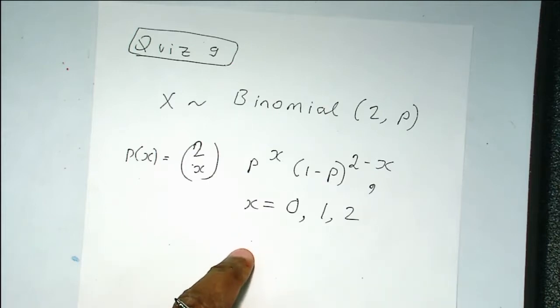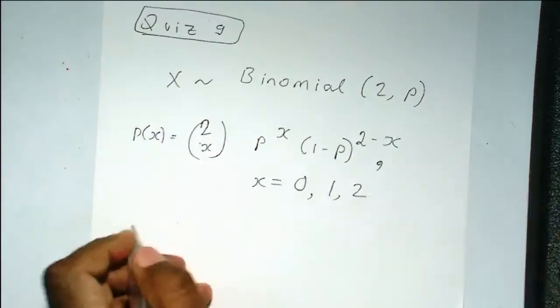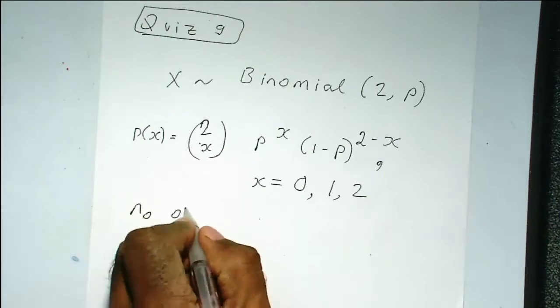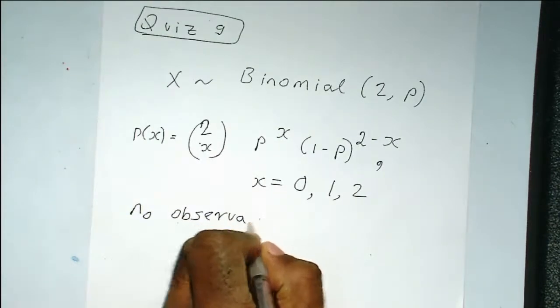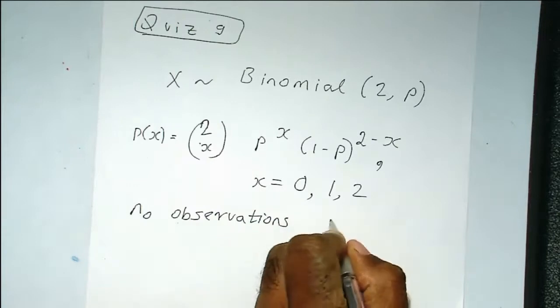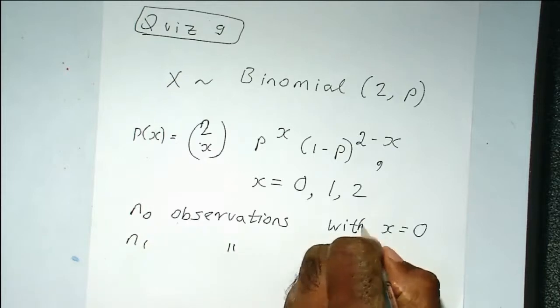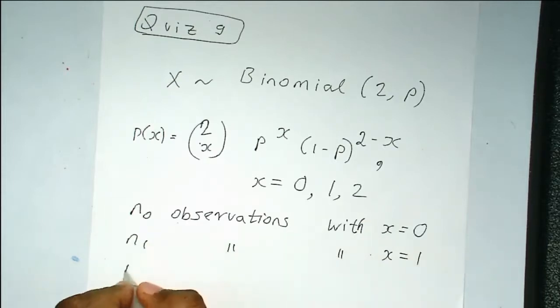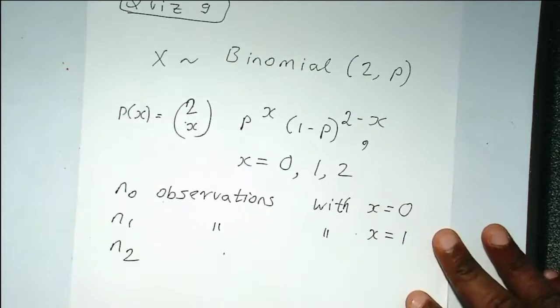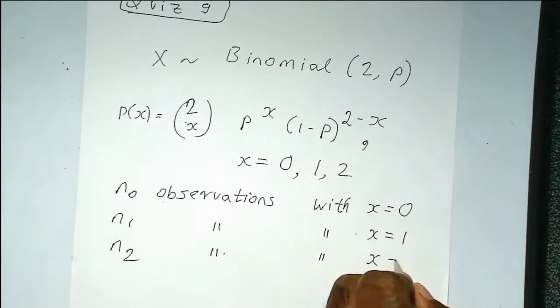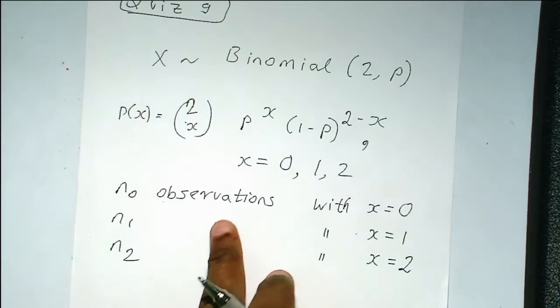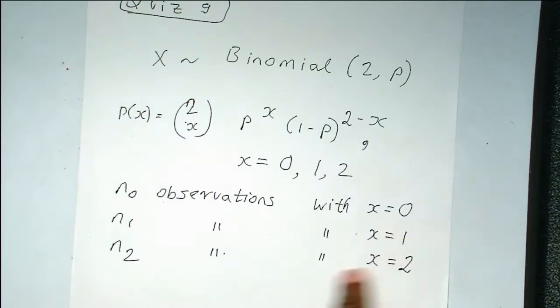And what the question says is the following. The question says there are n0 data points or observations with x equal to 0, n1 observations with x equal to 1, and n2 observations with x equal to 2.